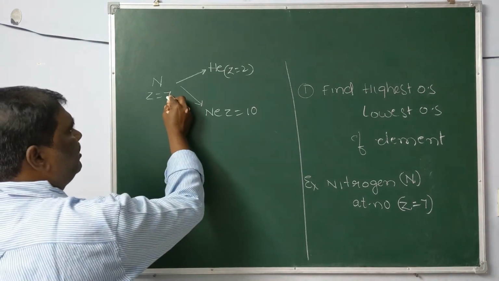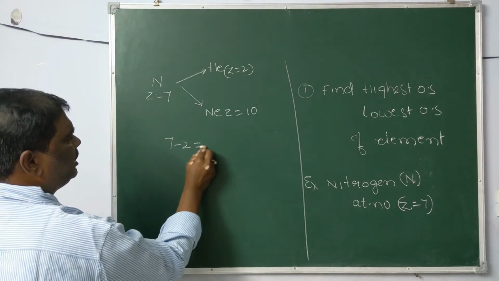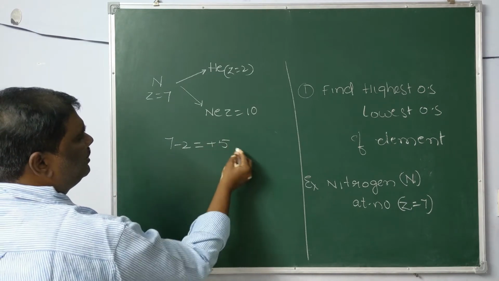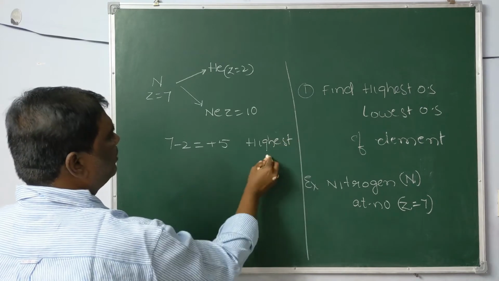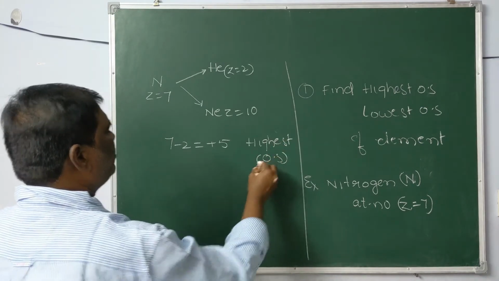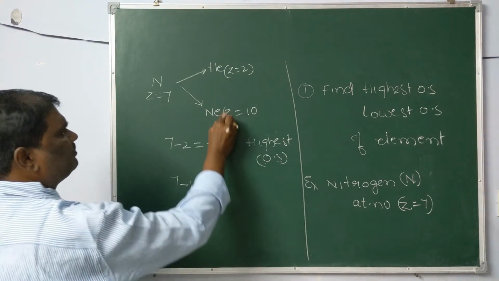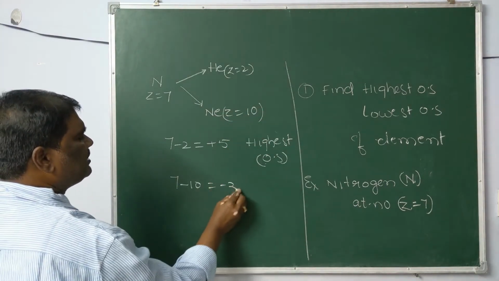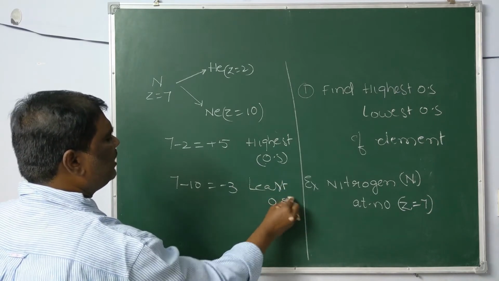The difference of 7 and 2 is plus 5. This is the highest oxidation state for nitrogen. Similarly, 7 minus 10 is equal to minus 3. This is the least oxidation state for nitrogen.